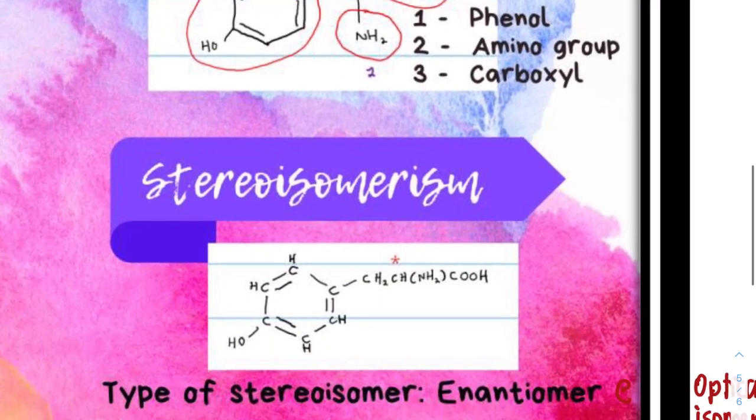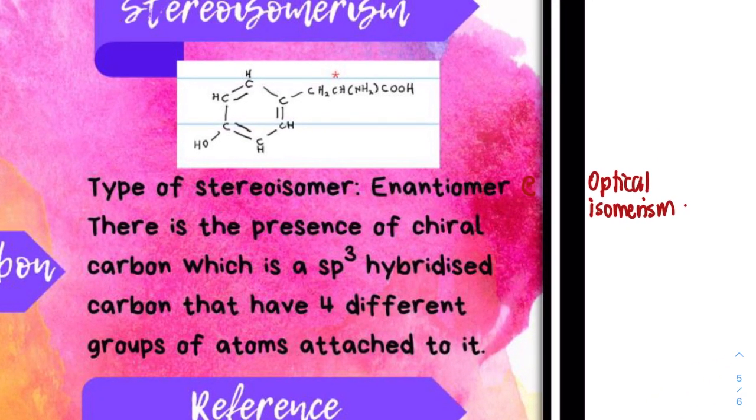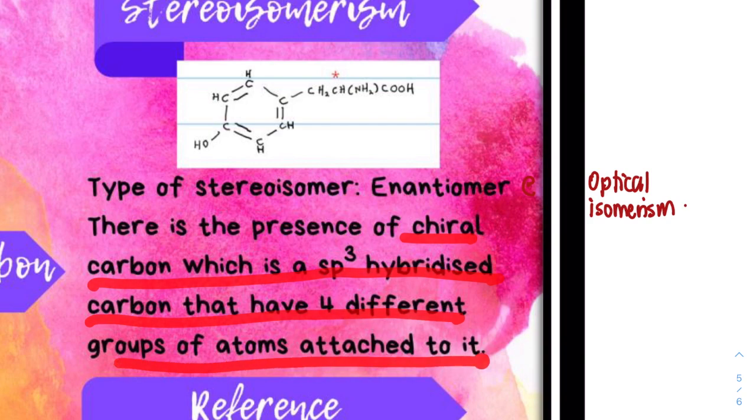Okay, next is stereoisomer. For the stereoisomer itself, you have to draw the structure again. In this case, this type of stereoisomer is enantiomer. Then the name for enantiomer is optical isomerism. So for the optical isomerism, here mention ada jawapan dah: presence of chiral carbon, which is sp3 hybridized carbon that have 4 different group attached to it.